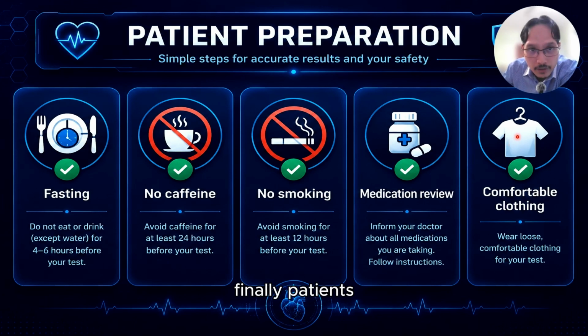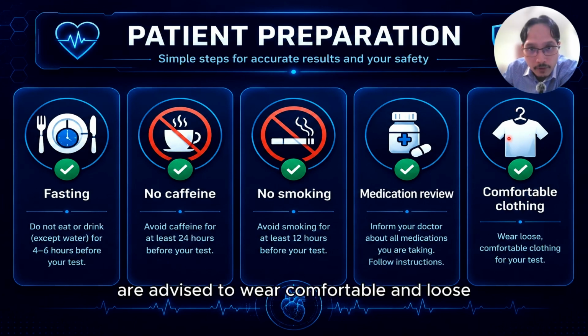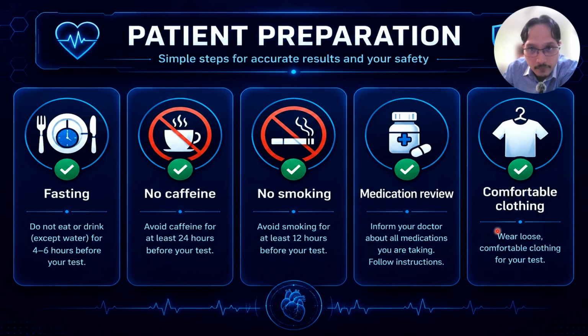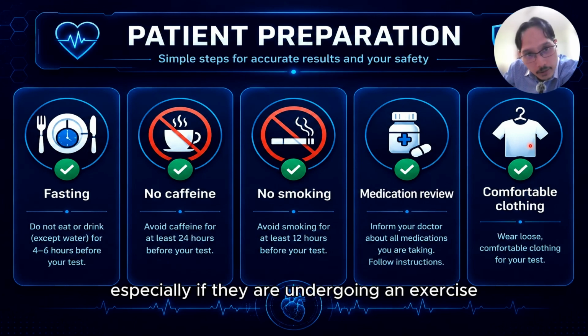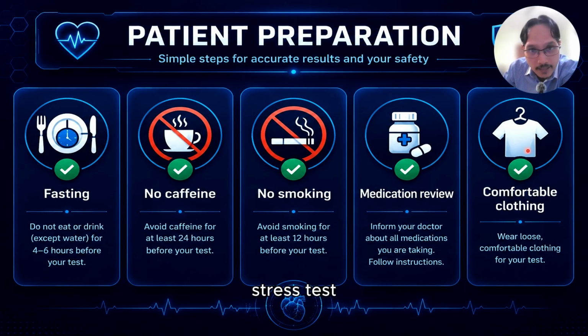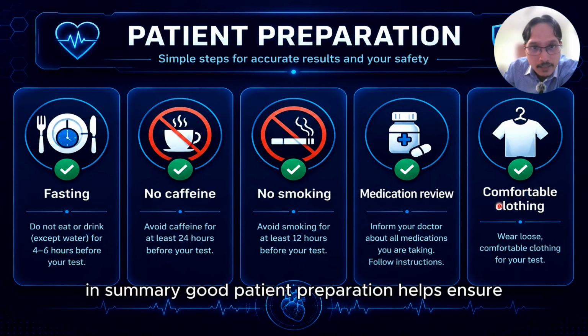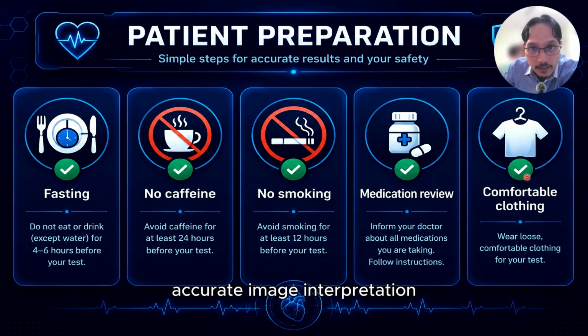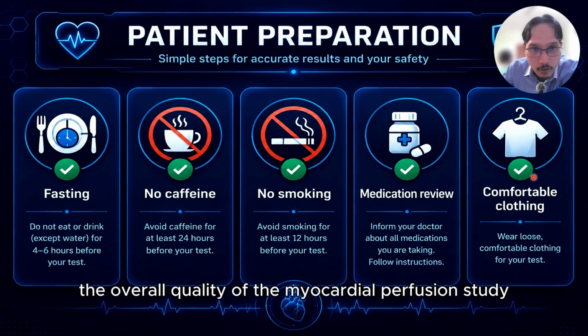Finally, patients are advised to wear comfortable and loose-fitting clothing, especially if they are undergoing an exercise stress test. In summary, good patient preparation helps ensure accurate image interpretation and improves the overall quality of the myocardial perfusion study.